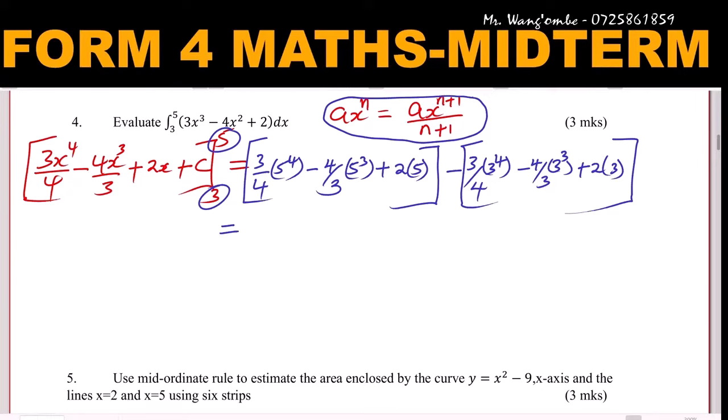You use a calculator from this stage. So 3/4 multiplied by 5 raised to the power 4 will give 1875 divided by 4. Then 4 thirds multiplied by 5 cubed will give 500 over 3. Then this will give 10.